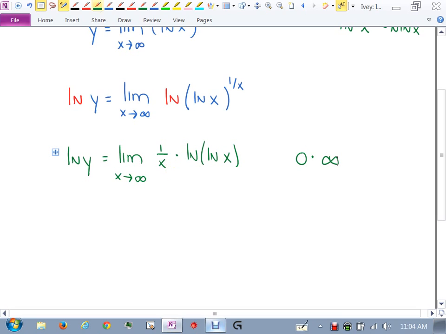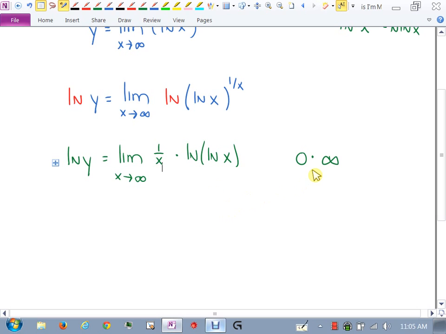I guess the point I should make here is that you could have just done this to start out. Like that 1 over x out in front was really this, wasn't it? You'd multiply straight across. So this right here gives me infinity on top and infinity on the bottom right now. But I wanted to leave the 1 over x out there just so you could see that it does turn into this form. And that's the whole point of this.